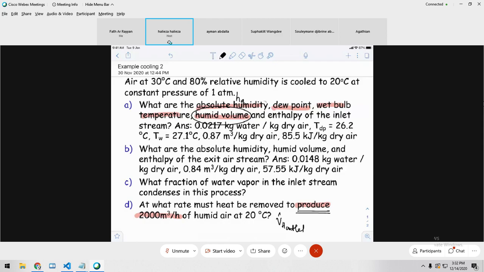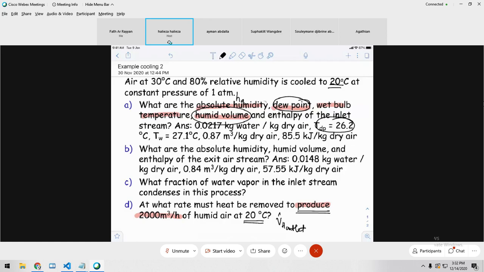And how are you going to find the outlet? Well, you have a temperature of 20 degrees C. So you should be able to get the humid volume at 20 degrees C. So it's cooled down to 20. Why do you need to know the dew point? Let's look at the dew point. If we look at the solution given here, the dew point is 26.2.